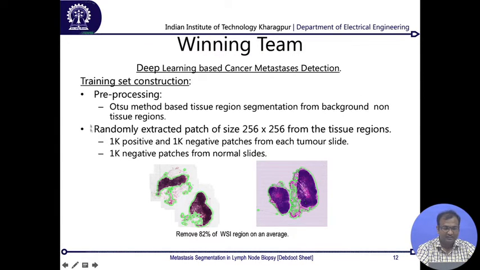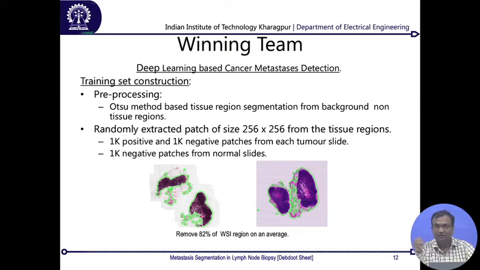Now these positive patches are the regions where you have a metastasis present, and negative patches are taken from a region where you do not have metastasis present. Since you have the ground truth available as to where this metastasis is located, that mark is already available.